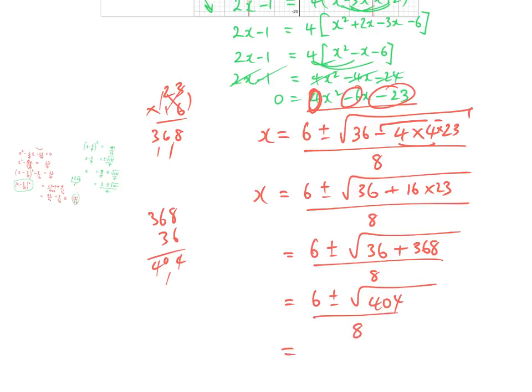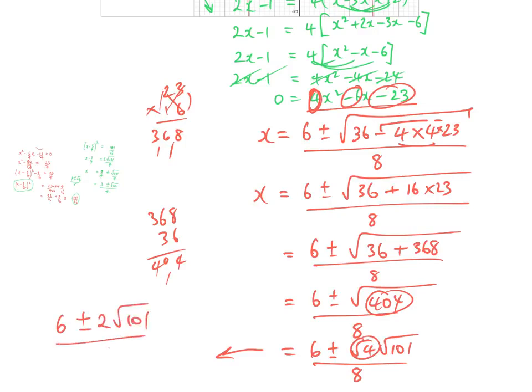And then the nice thing about this is I can take 4 out as a factor of here, so I'd have the square root of 4 times the square root of 101 over 8. And then, can you see the square root of 4 is 2, so I'd have 6 plus or minus 2 root 101 over 8.